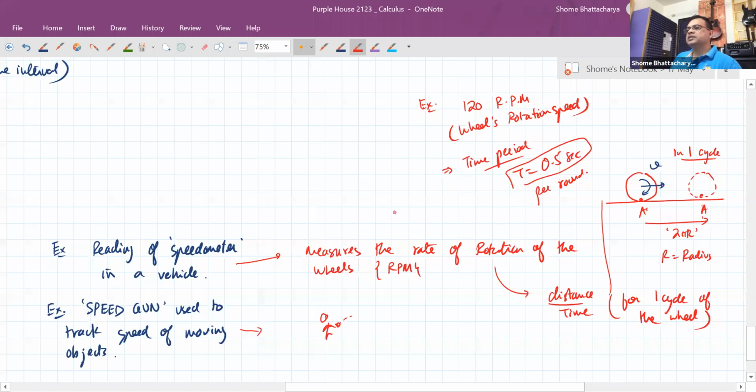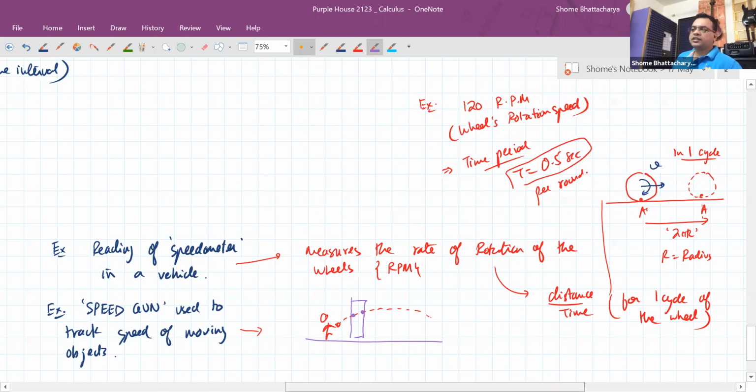So it measures the distance with respect to time for a very short interval of time. The speed gun has infrared sensors. So during a very small part of the motion from here to here, it measures the time taken and the distance traveled, and accordingly computes the distance divided by time. And from that, it gives the release speed of the ball.